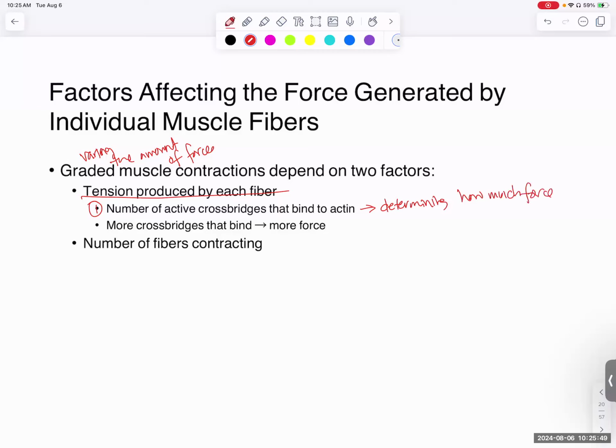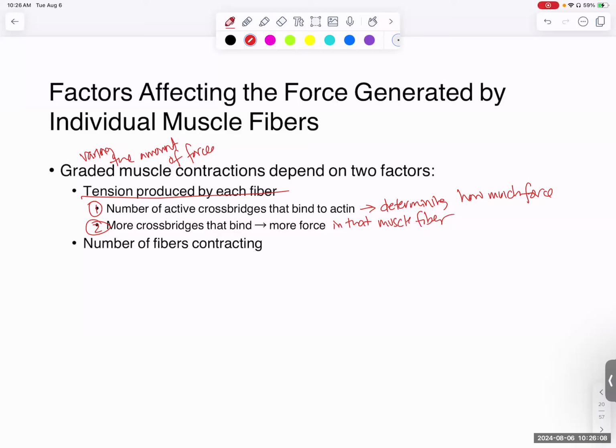We could start off with a little bit of force in a muscle fiber, and we can make it more and more and more by just adding more cross bridges that are being formed. Because the more cross bridges that are formed are going to equal more force in that muscle fiber.